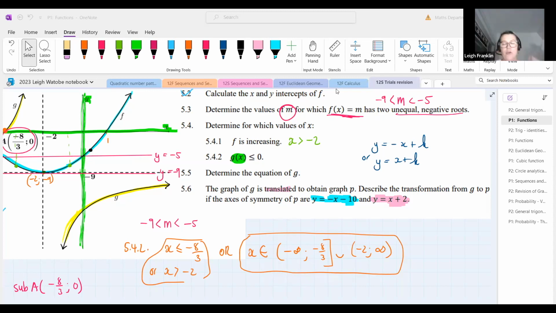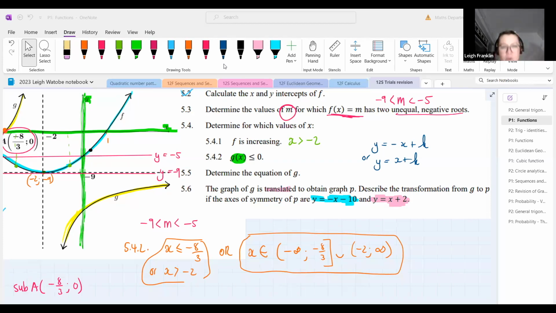Remember, your axes of symmetry will cross over one another at that new point of intersection of the asymptotes. How are you going to work out what the x coordinate is at that new point? Do you want me to show you, or do you want to think about it? There we go. Well done, guys.